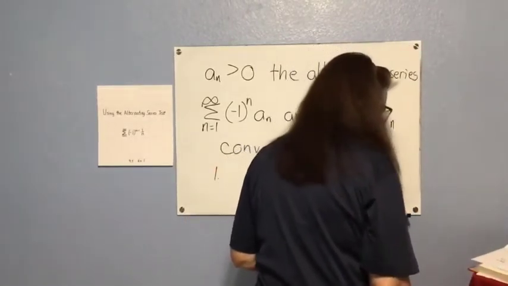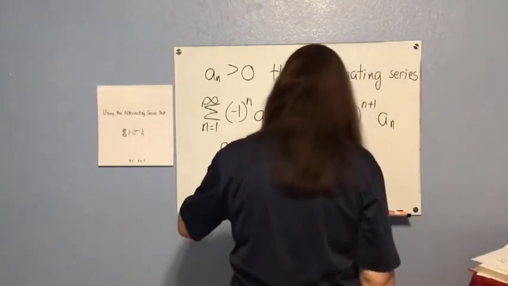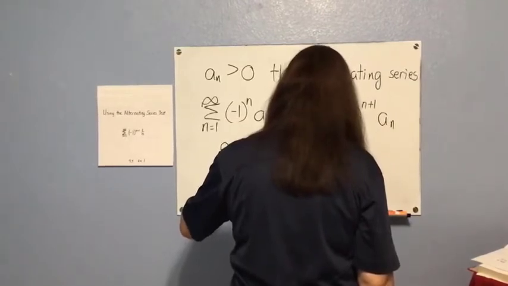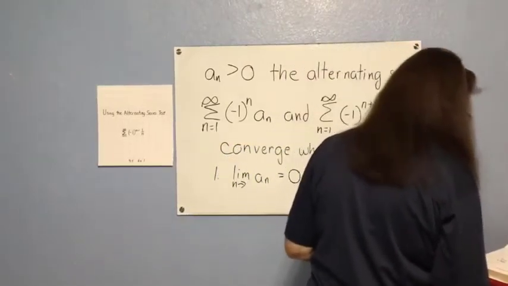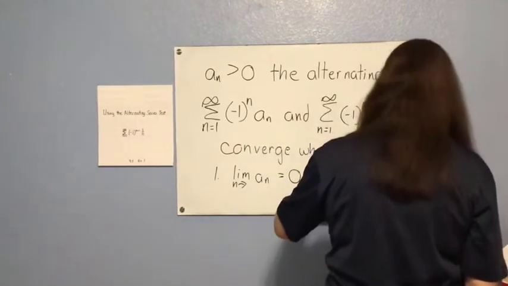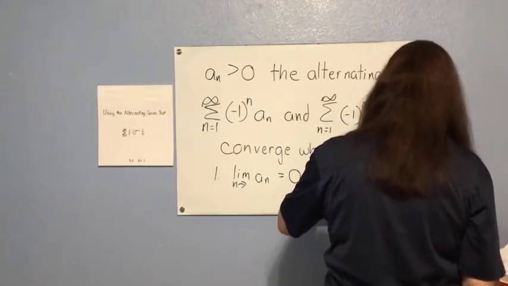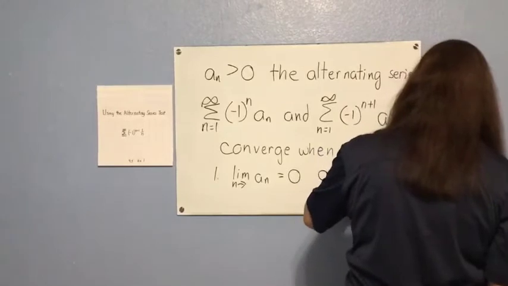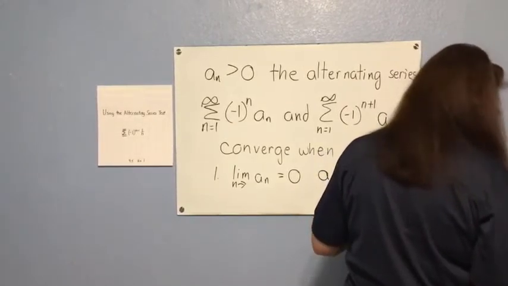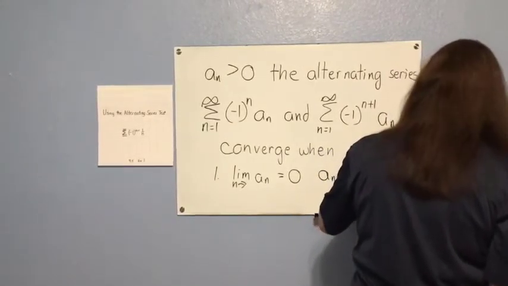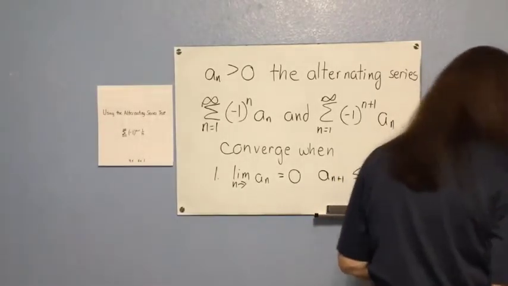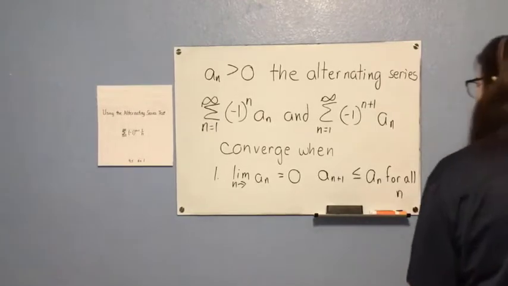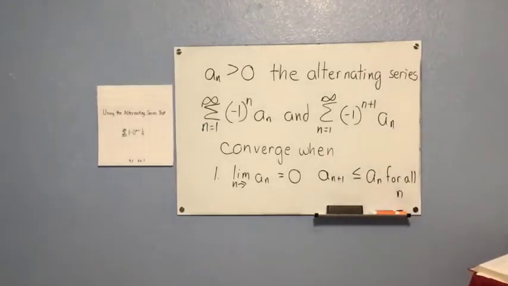And the first condition is that the limit as n goes to infinity of a sub n is 0, and that a sub n plus 1 is less than or equal to a sub n for all n. So this is our alternating series test.